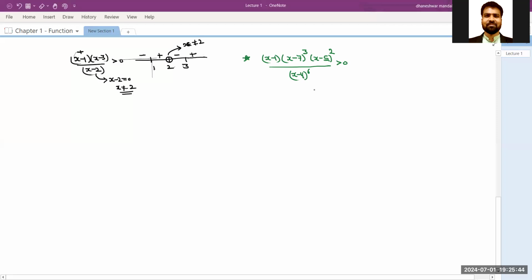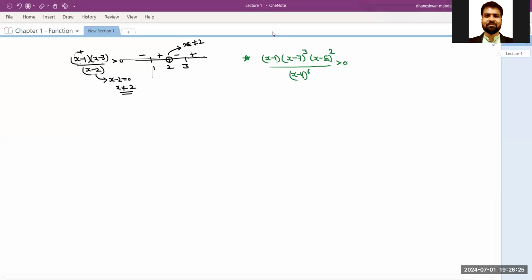Now you have to tell me the solution of this inequality. What is the solution?